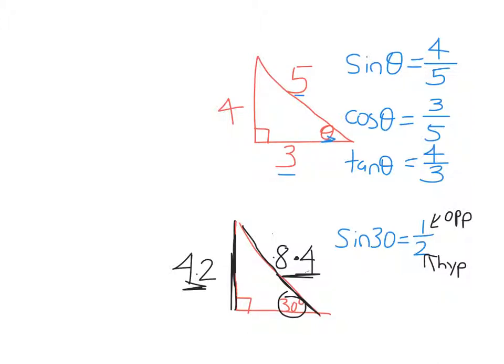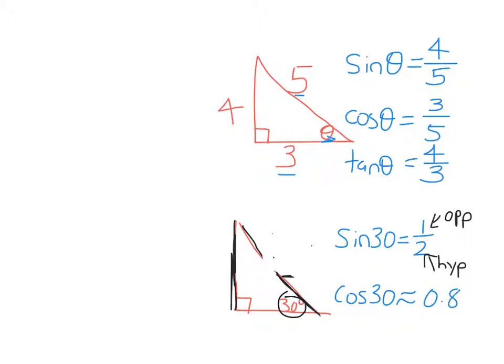But let's look at one of the other ratios now. So let's get rid of these. So let's keep the angle at 30 degrees. If I go to my calculator, assuming it's in the right mode, degrees mode, and I put in cos 30, I get an irrational number. It goes on forever and ever. That number, cos 30, if you put it on your calculator, is approximately 0.866. So remember, cos is the ratio of the adjacent to the hypotenuse.